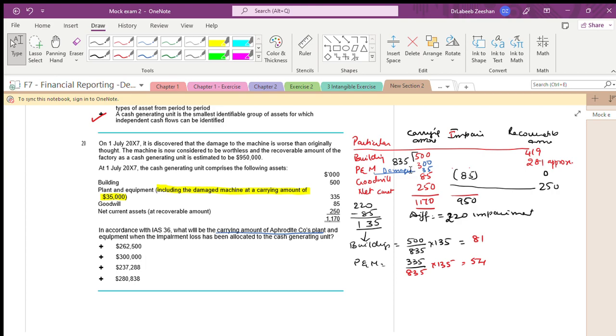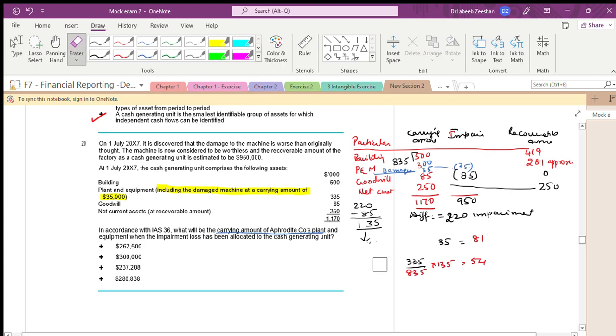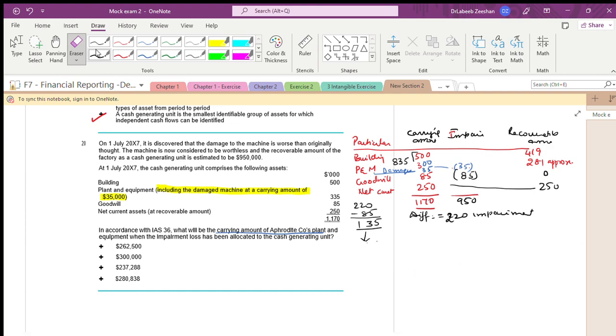When it is a damaged amount, this will become minus 35. Now, how much do you have? Total is 135. Goodwill is 85.